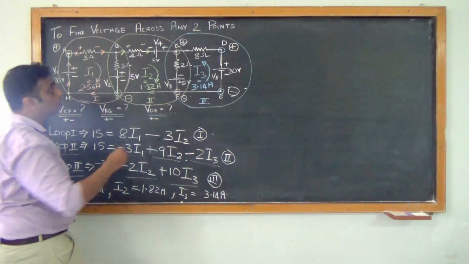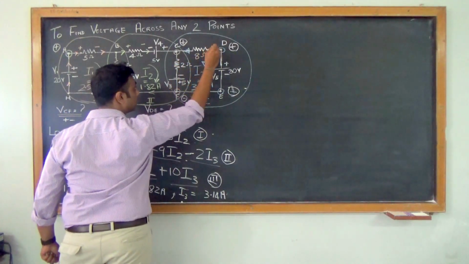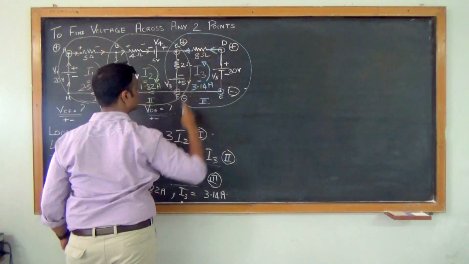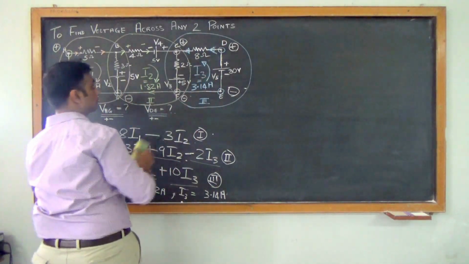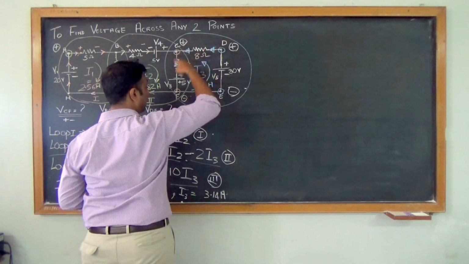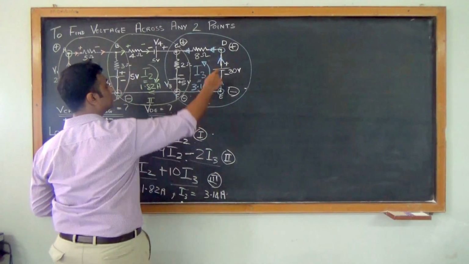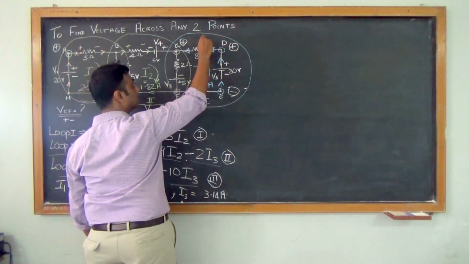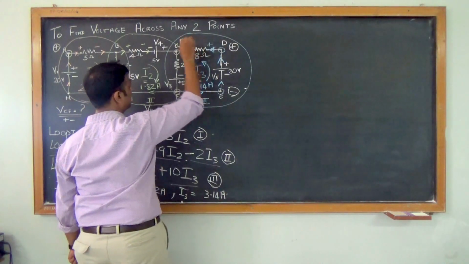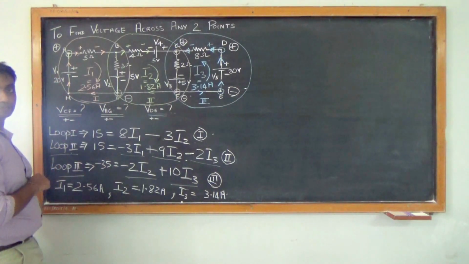Now here the direction is anti-clockwise, so I will get an anti-clockwise direction in this loop. So this will be my I3. The first terminal it touches becomes positive. The second terminal it touches becomes negative. Now this is with regard to loop 1.